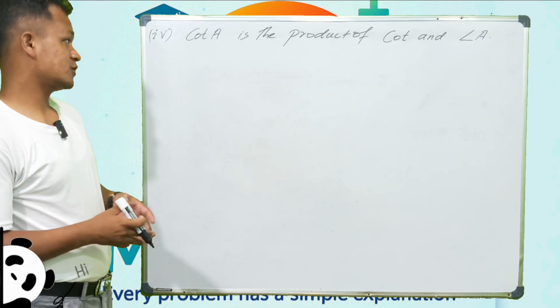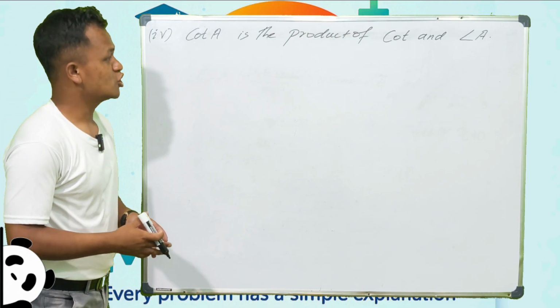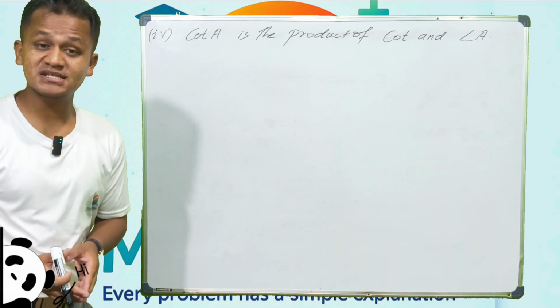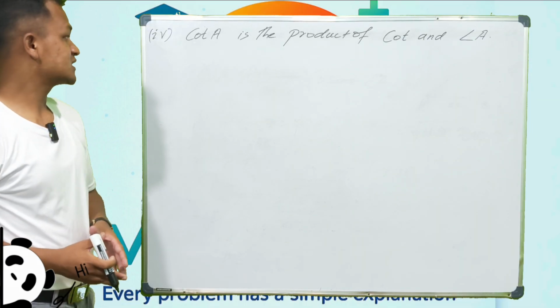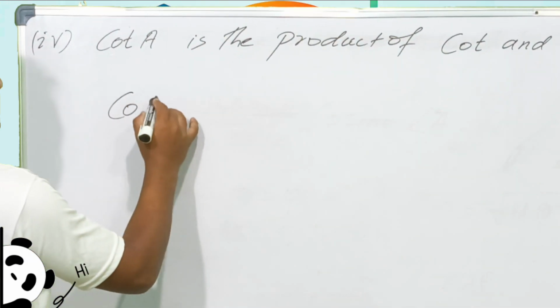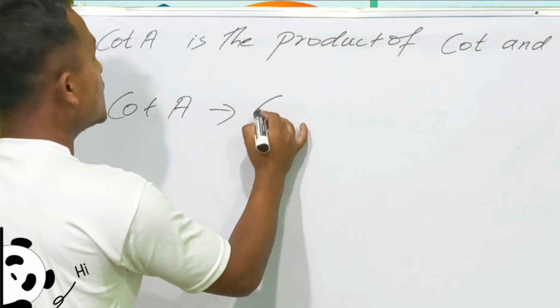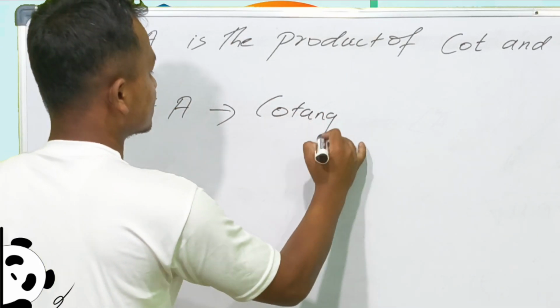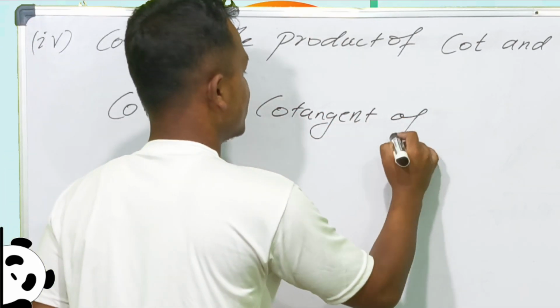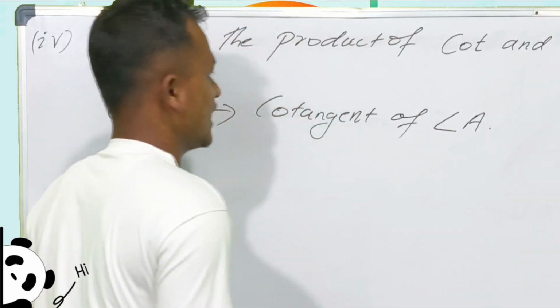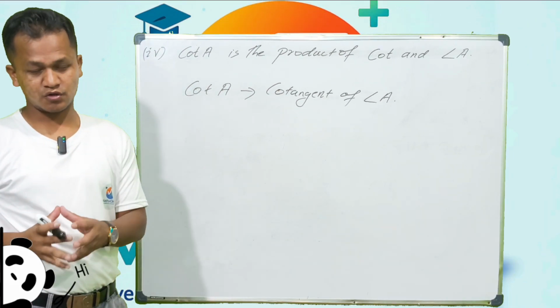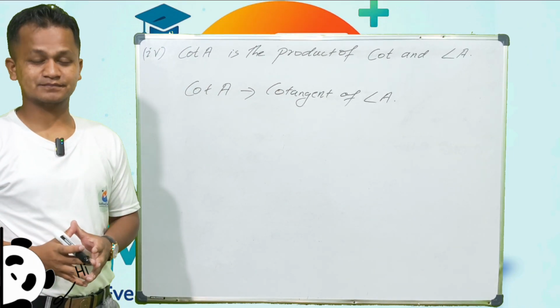If you look at question number 4, it says that cot A is the product of cot and angle A, and this statement is clearly false since cot A is the cotangent of angle A, and it is not the product of cot and angle A.